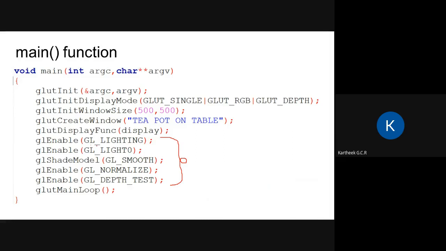So you are enabling lighting, you are keeping one light source, you are selecting the shade model as smooth, and then you are enabling normalizing. It helps you to calculate the normals on the surfaces while calculating the lighting effect. So these are the functions that you have to use in the main to enable lighting. Okay, these four.